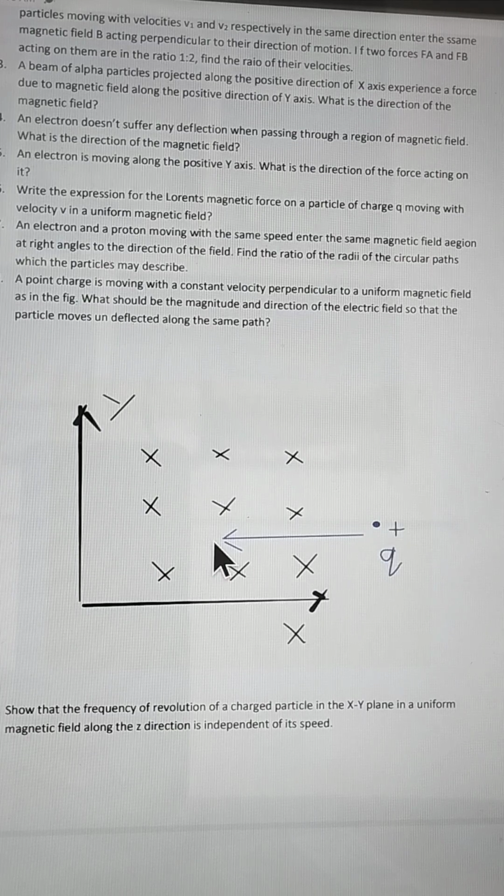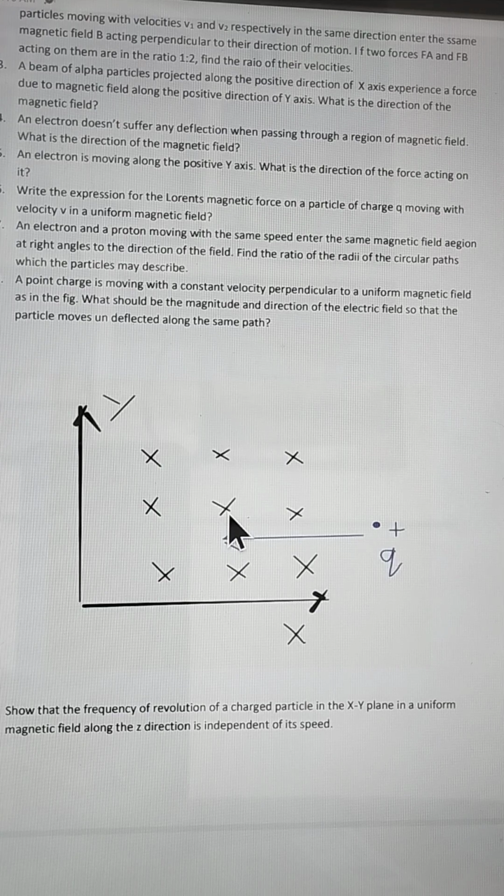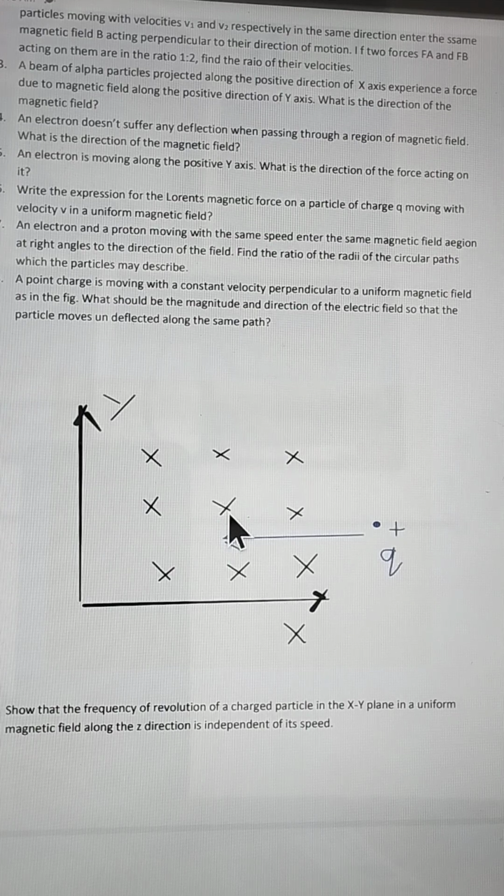So here velocity is along negative x direction, unit vector is minus i, and the magnetic field is directed into the plane, that is along negative z direction, unit vector associated is minus k. So v cross B means the cross product of vectors, minus i cross minus k.